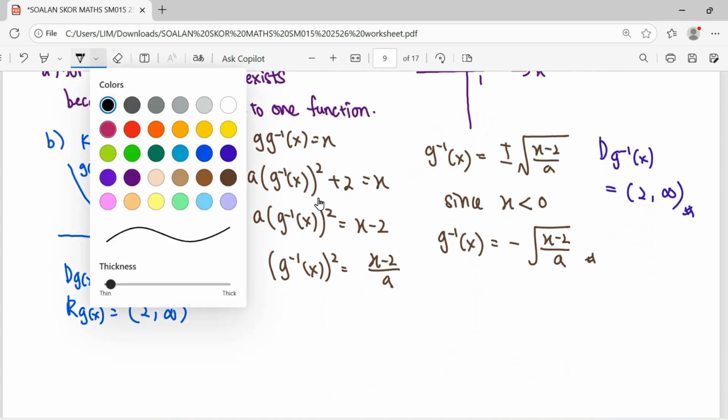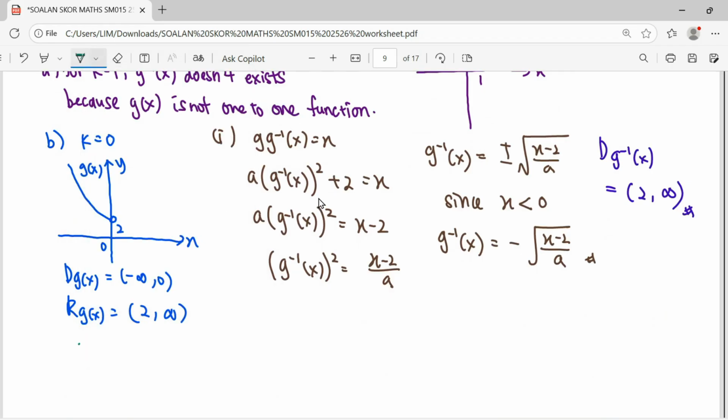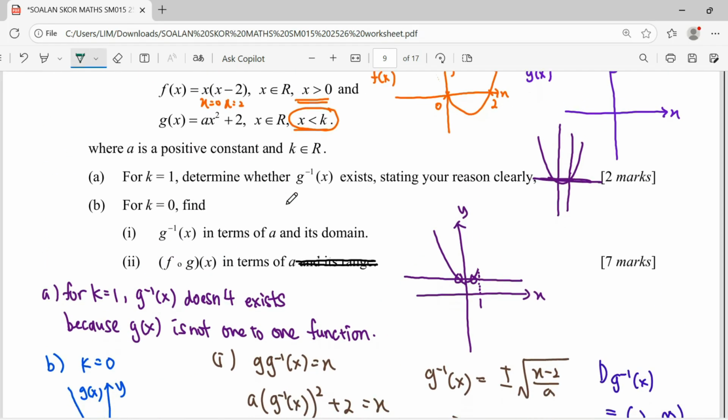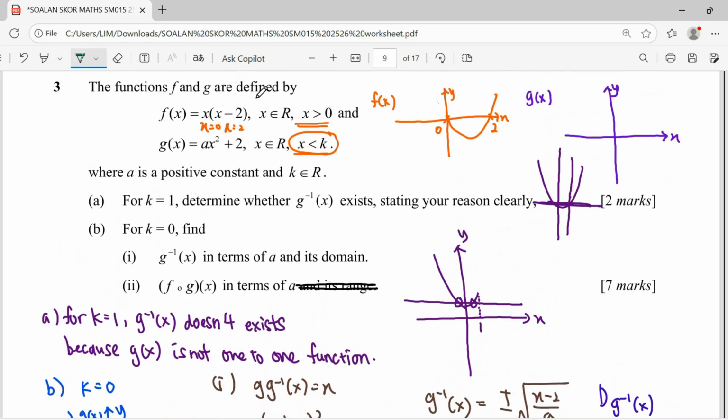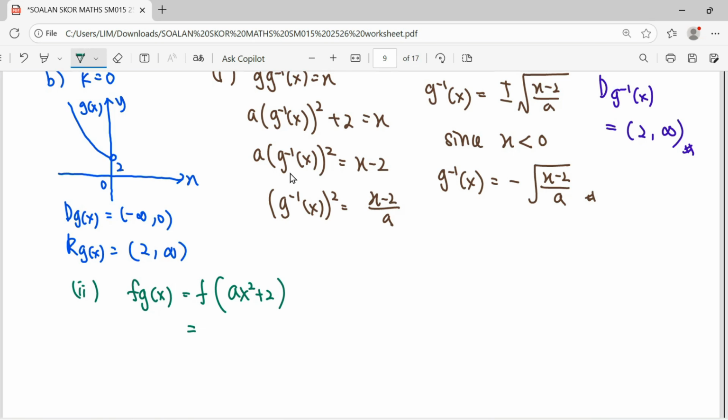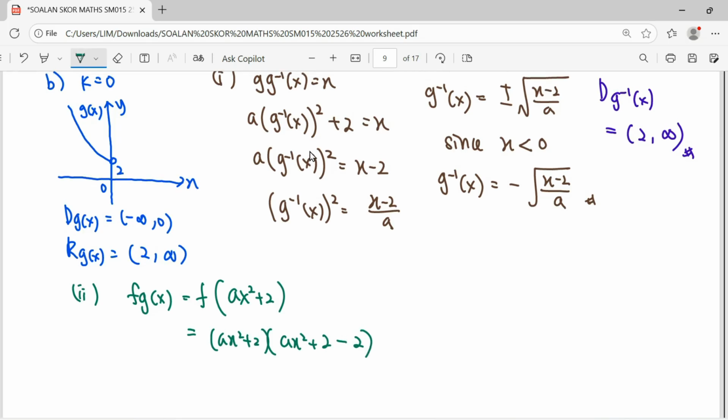So for part number 2, we find fg(x). Substitute g(x), which is ax squared plus 2, into f(x). f(x) here is x times (x minus 2).